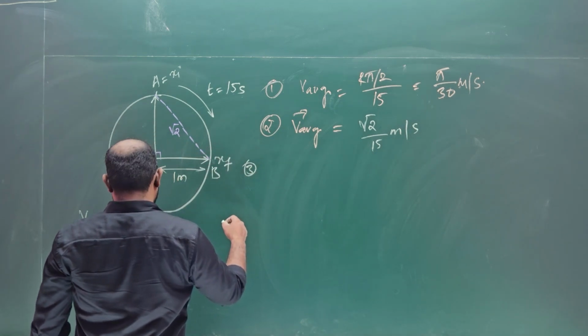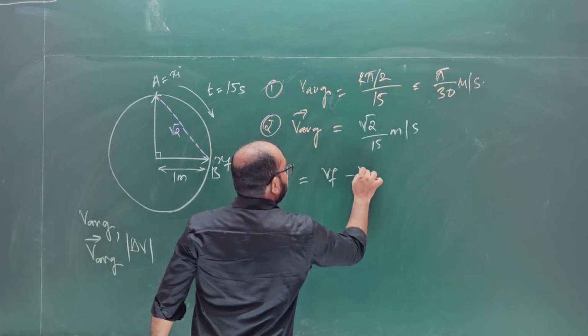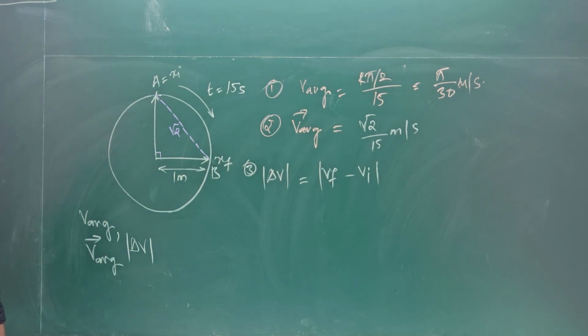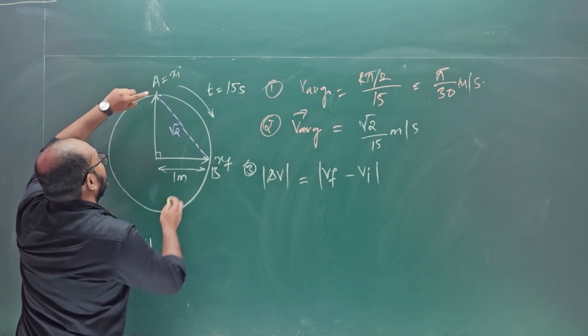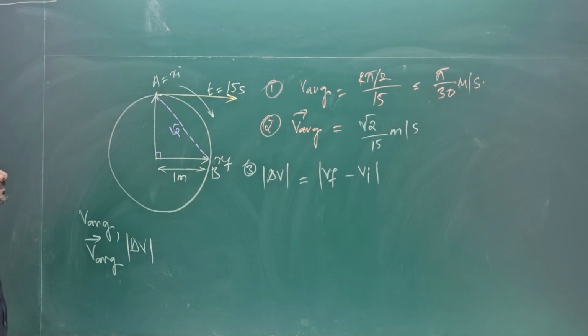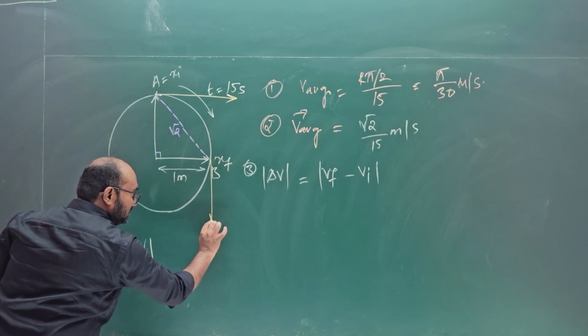Third, the velocity vector change is nothing but final velocity minus initial velocity, because they are changing direction. To find that, we need to find the angle first. At point A it is moving in this direction, and at point B the direction is here.